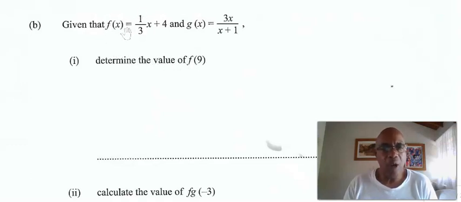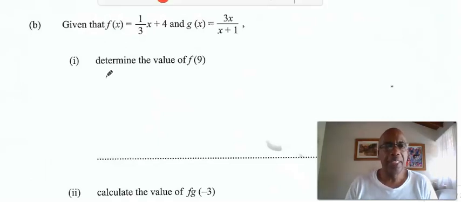So if f of x equals 1/3 x plus 4, it means that f of 9 you simply replace or substitute the x in this expression by 9.